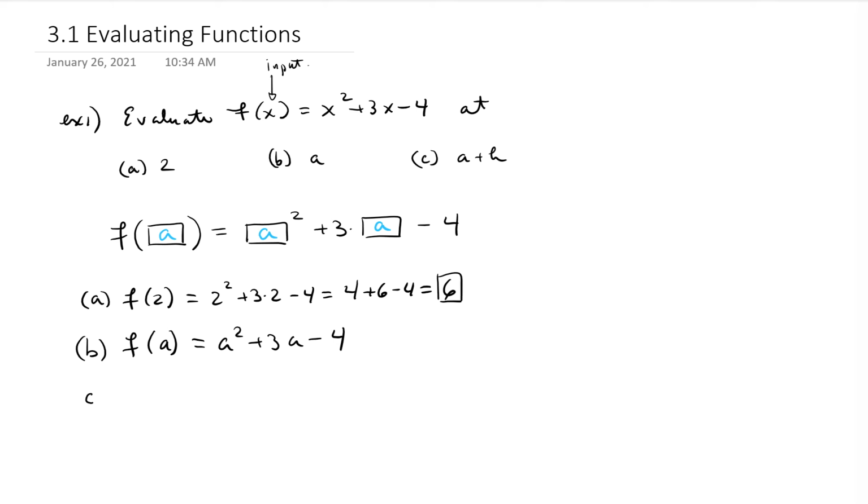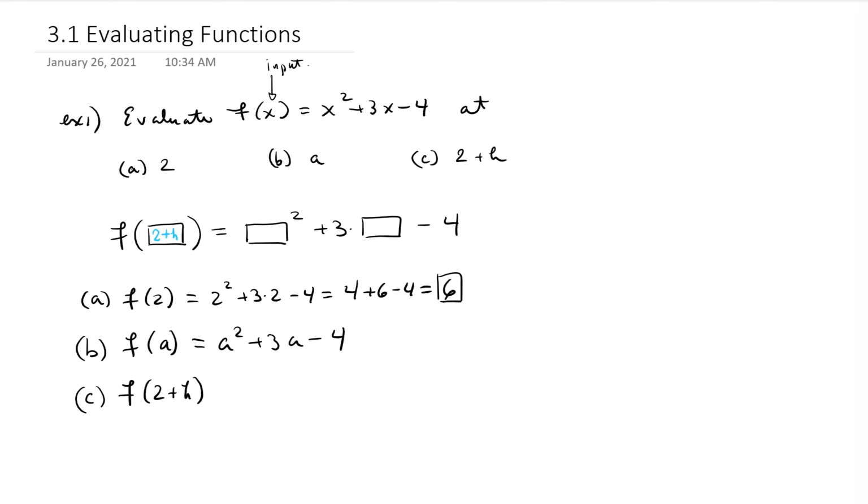So let's say now I want to evaluate f of, actually I don't want to evaluate f of a plus h, I want to evaluate f of 2 plus h. So what's f of 2 plus h? Okay, so once again, let's go back to our little box. So what I'm going to put in the box is the input. The input is 2 plus h. It's 2 plus h as a single quantity.